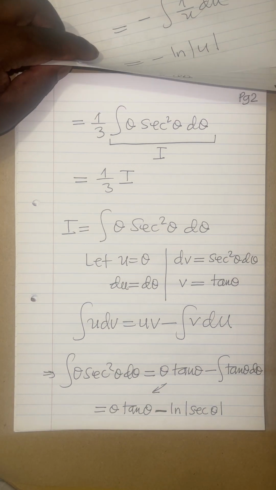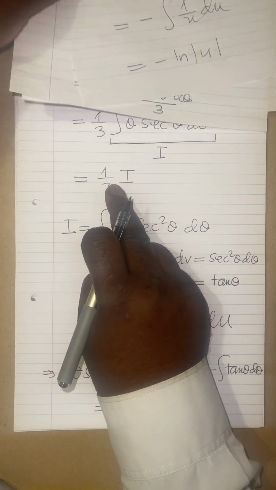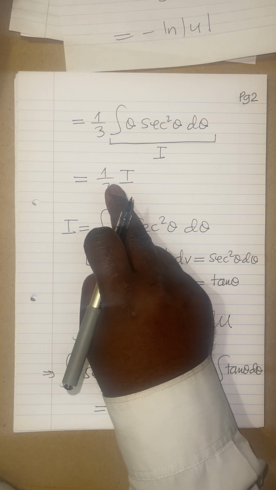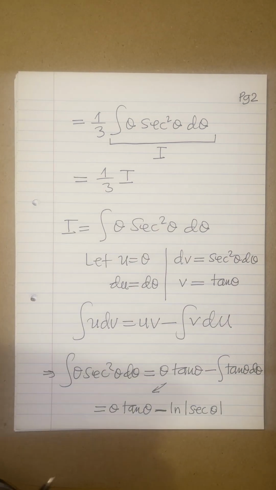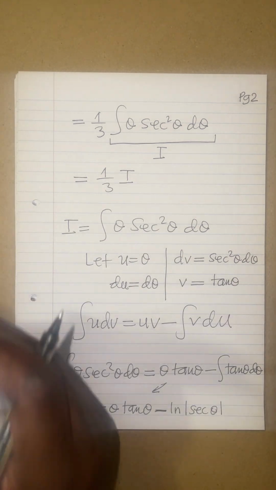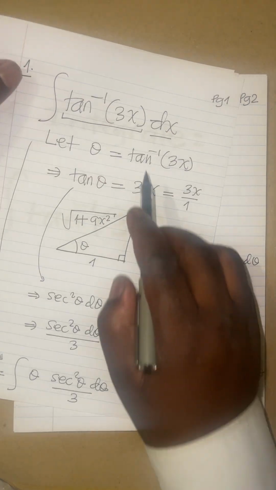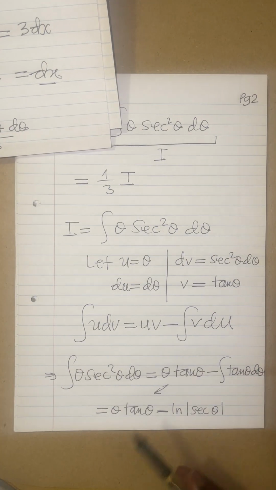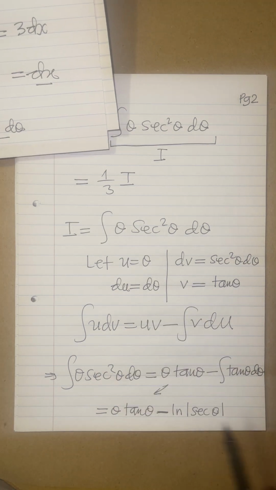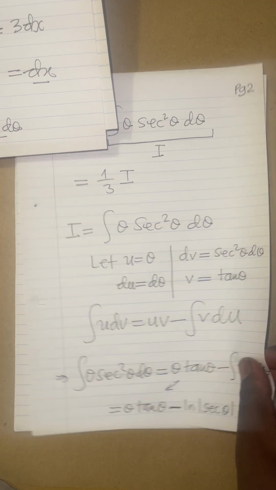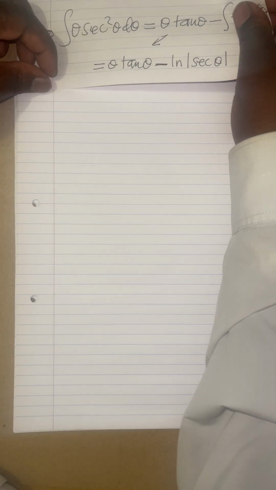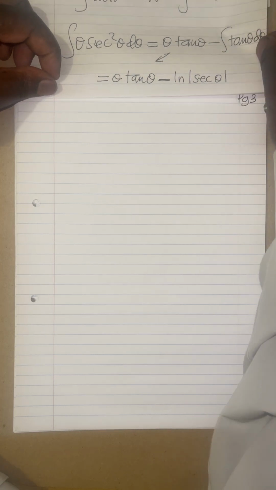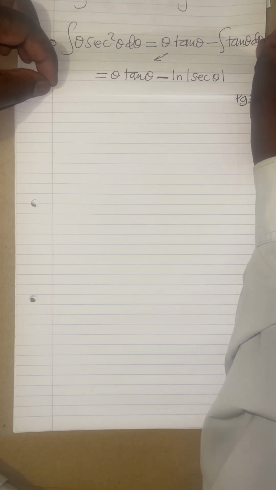Now let's go back to this point here. So we're going to say, therefore, our integral, where is our integral? Well, here is our integral. We're going to say this one here is equal to 1/3 I, it will be 1/3 of this, plus a constant C, as follows. So we're now going to say on our page 3, are you able to see?